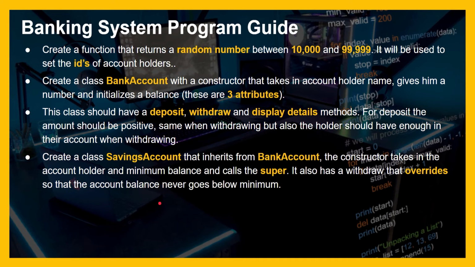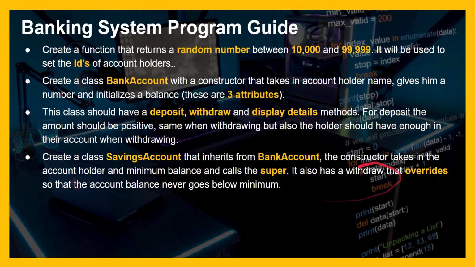Next, you'll need to create a savings account that inherits from the bank account. The constructor takes in the account holder and the minimum balance and calls the super. Again, super, something that we've explained before when working with inheritance. It also has a withdraw that overrides the withdraw from the initial bank account, so that the account balance never goes below minimum.